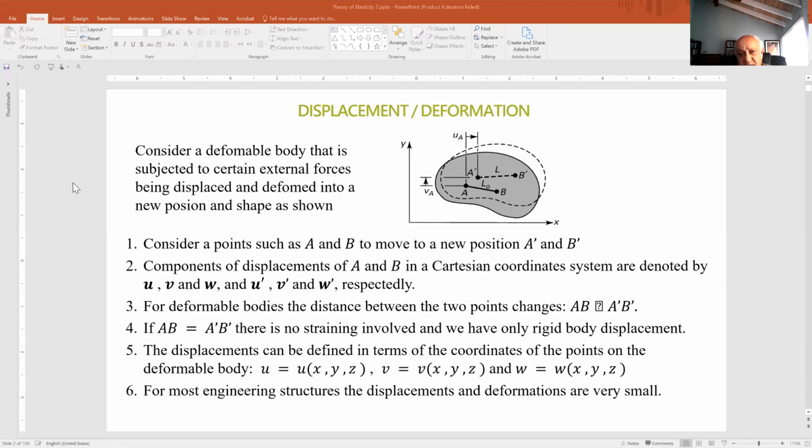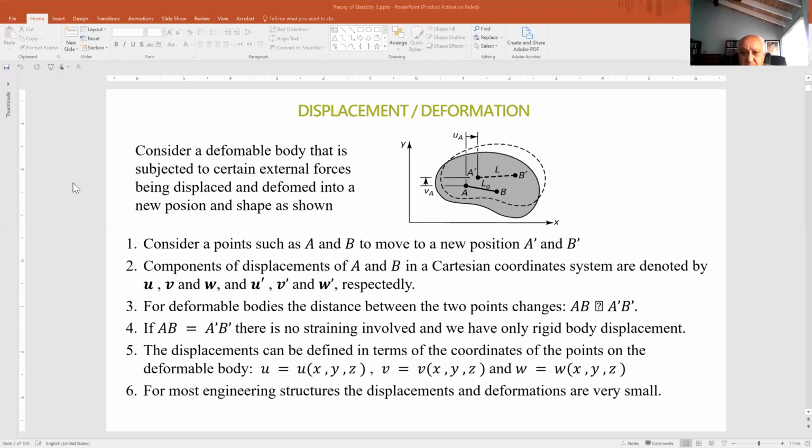Generally speaking, in all of our engineering work, displacement is very small. Displacement compared to the overall dimension of the body is small.